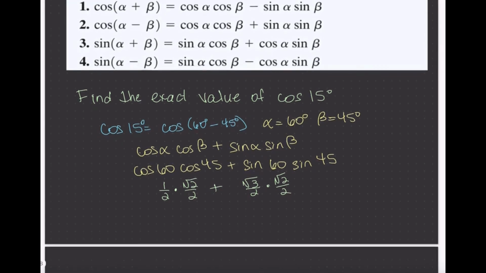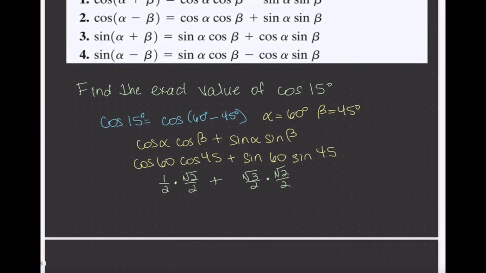So now I'm just going to do some algebra to simplify this. So what do I get? Square root of 2 over 4 plus the square root of 6 over 4. And I can't combine those, right? Because my square roots, my radicals, are different.